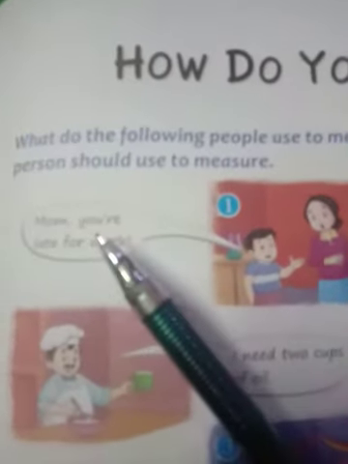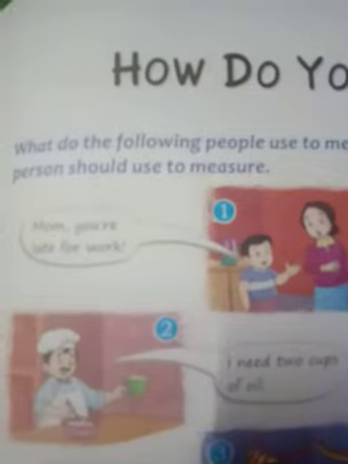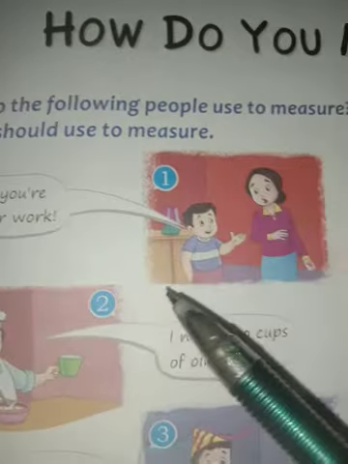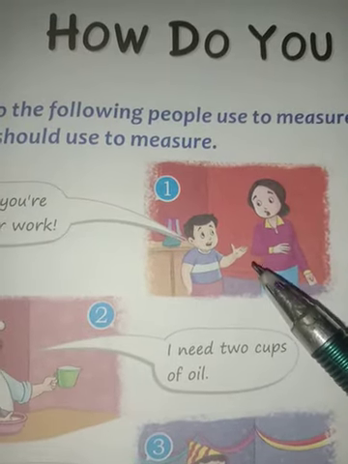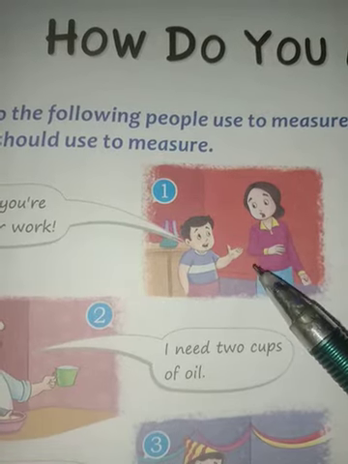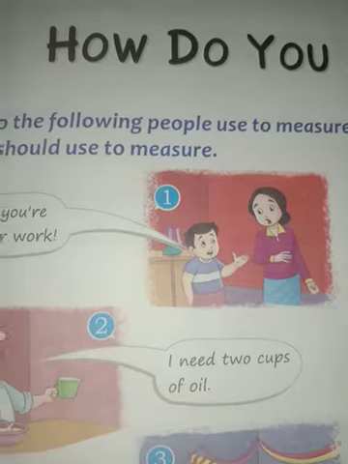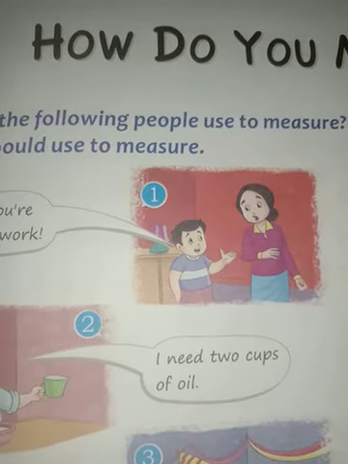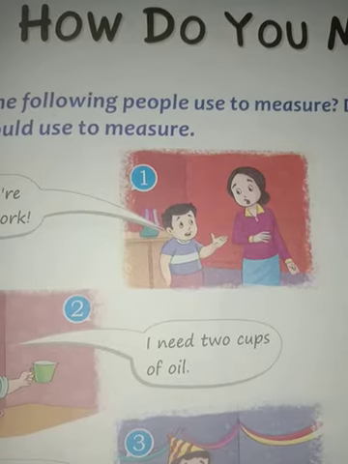First, "Mom, you are late for work." In this picture the child is telling his mother that she is late. Student, suppose you have to reach school at 8 a.m. Then what do you find out about your time?